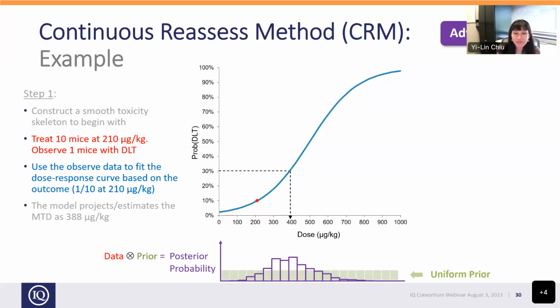So after that kind of marriage, then we can actually look at the so-called posterior probability. Instead of being flat, now you can see that it starts to peak up. And obviously around 400 microgram per kg, that's more likely to be the maximum tolerated dose, right? So the purple part, after the integration of data, in the Bayesian context is called likelihood, and then the prior, then we come up with a posterior probability, right?